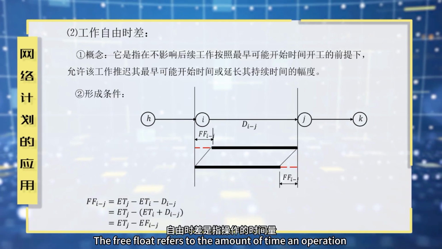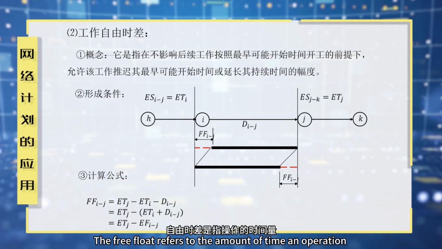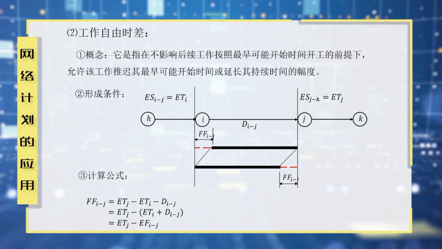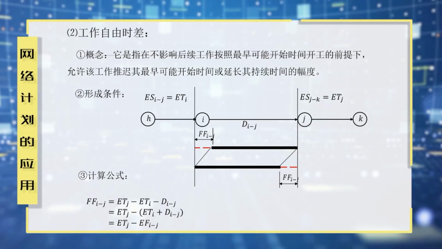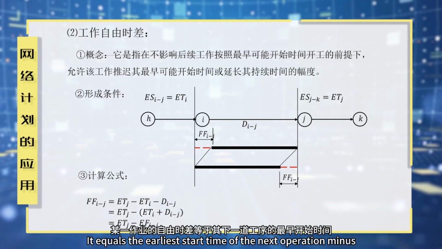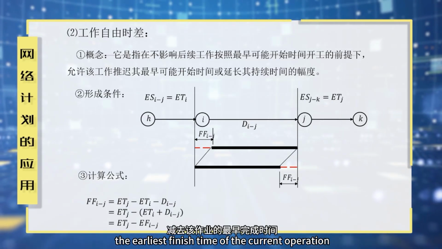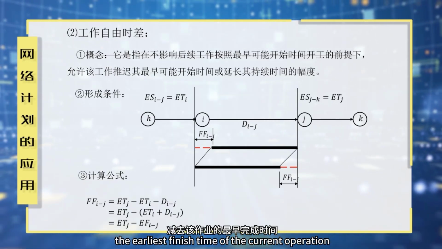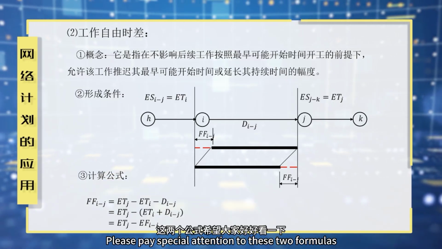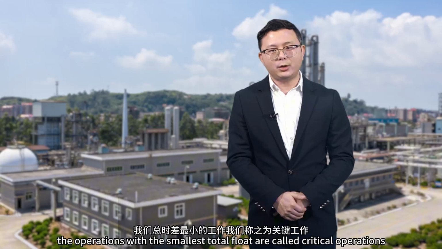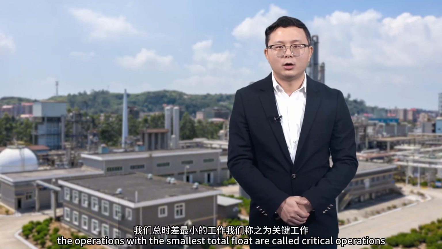The free float refers to the amount of time an operation can be delayed or extended, without affecting the earliest start time of the subsequent operation. It equals the earliest start time of the next operation minus the earliest finish time of the current operation. Please pay special attention to these two formulas. In a network plan, the operations with the smallest total float are called critical operations.